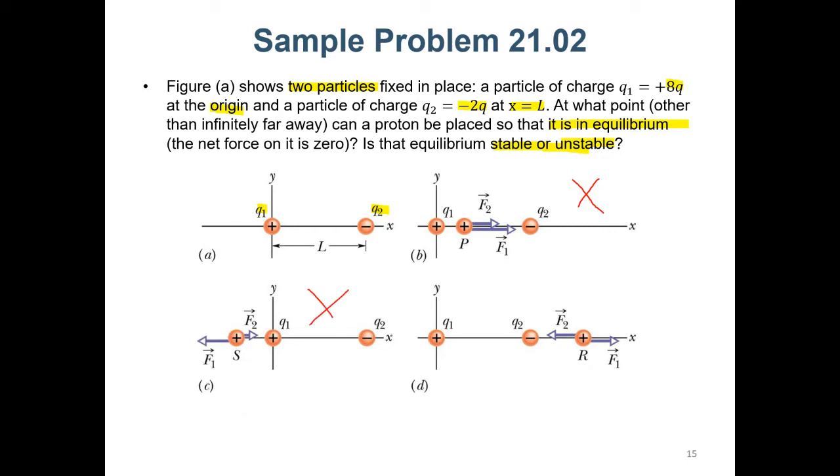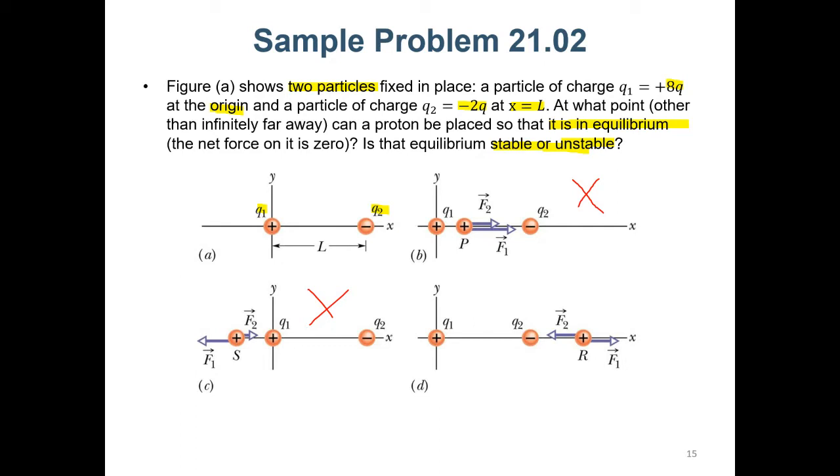So for the third one, likewise, the two forces are pointing in opposite directions. And actually, Q2 is weaker than Q1. However, the proton is closer to Q2 rather than Q1, which means that there may be a point, or maybe more than one, but not in this case.